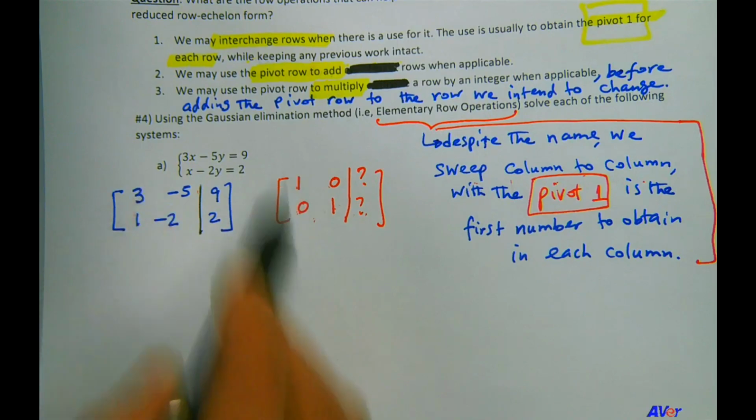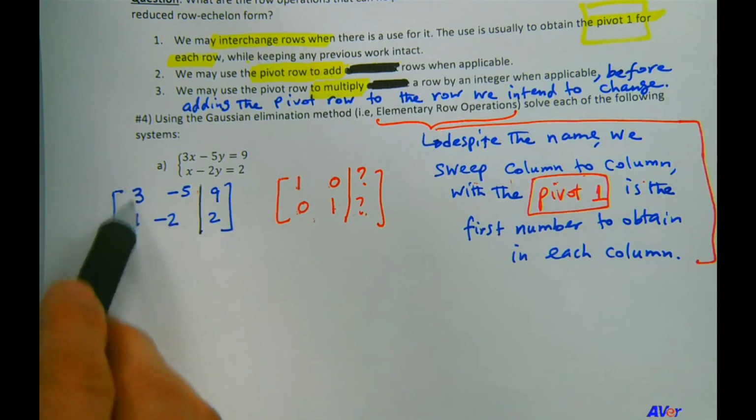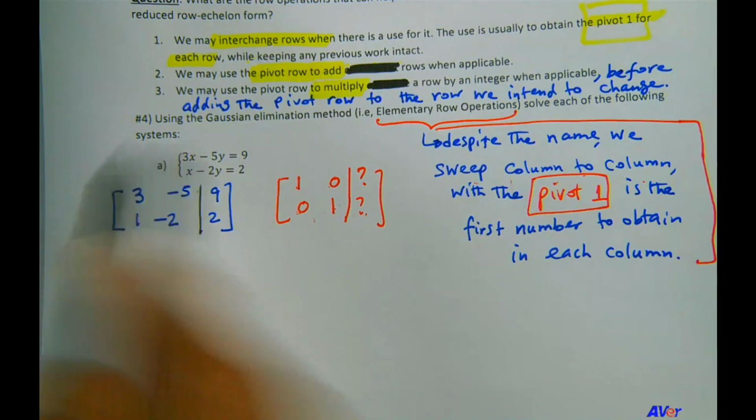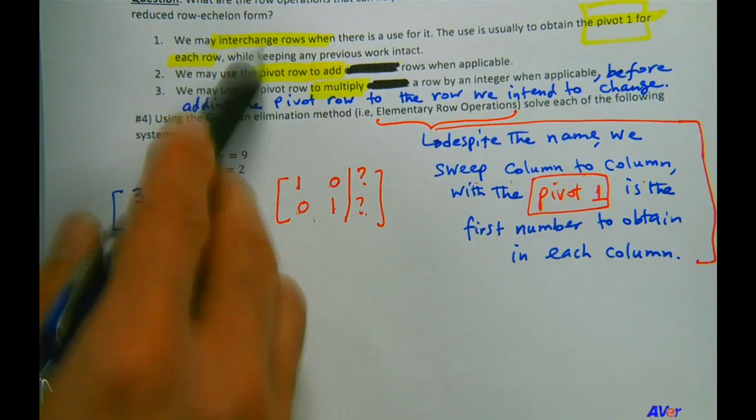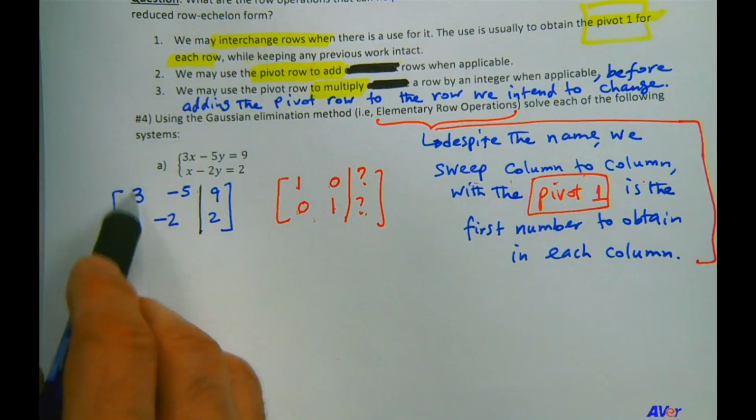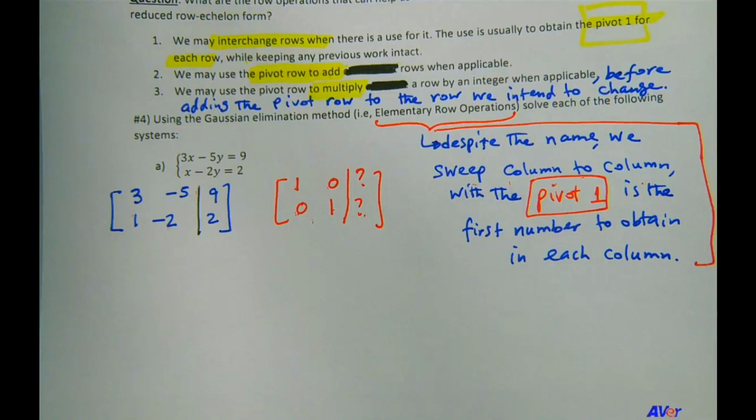So in this first column, I must obtain this 3 as a 1. I must obtain a 1 there, not a 3. Which one of these can I use to achieve that, to get a 1 in that corner? Do you see it? Which one is the easiest one?